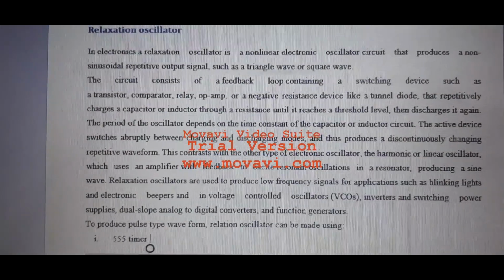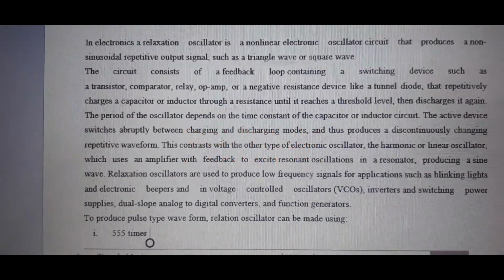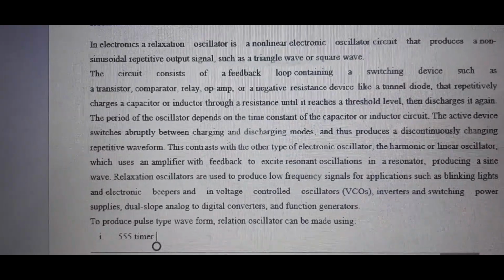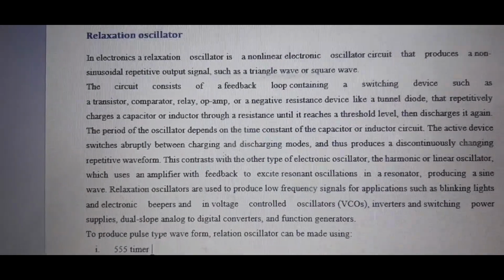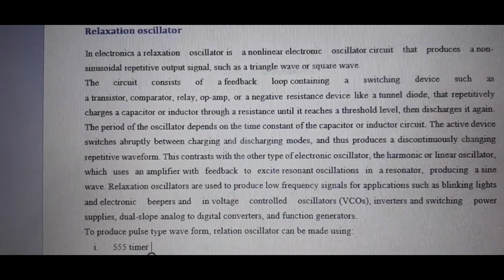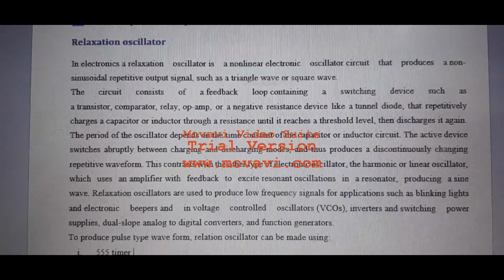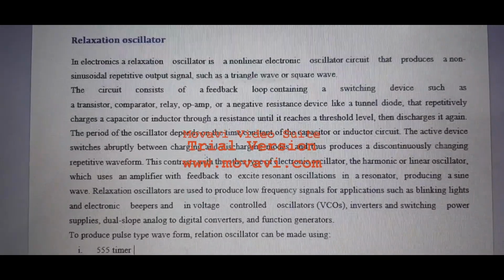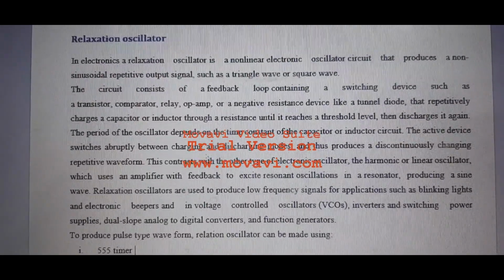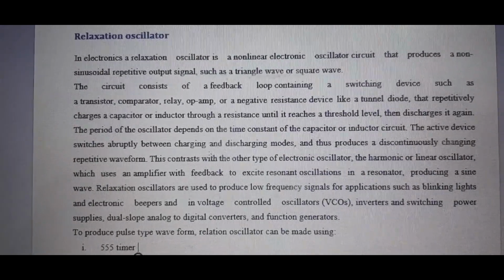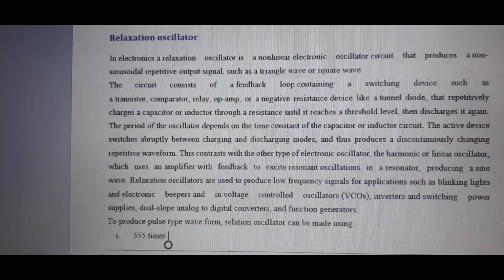The time period of the oscillation will depend upon the type of capacitors and inductors and the resistive components that you are using in the circuit diagram. Because the active component, whether it is a capacitor or an inductor, will abruptly charge or discharge to produce the oscillations.